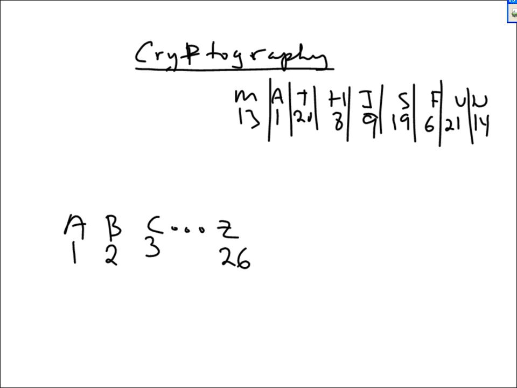Now, you sent that message to one who has a little free time, can break the code, can figure out 13, 1, 28, 9, 19, 6, 21, 14 is math is fun. It's really not that hard.